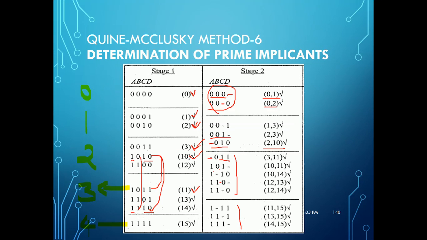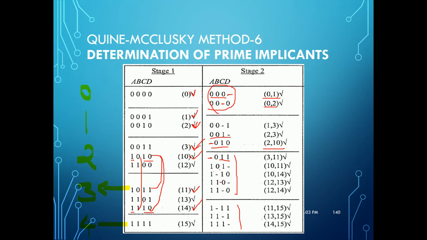Okay, so 10 and 14 is being combined, so we mark like this.